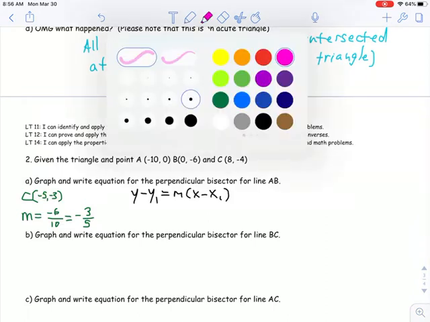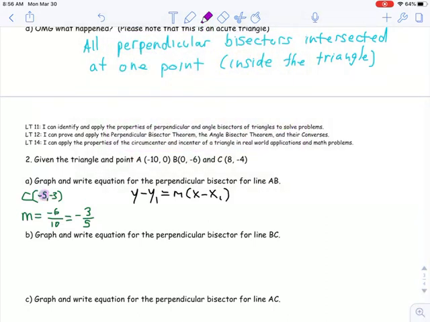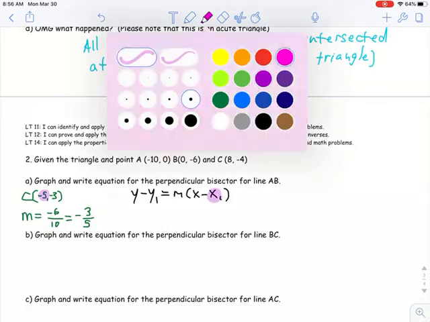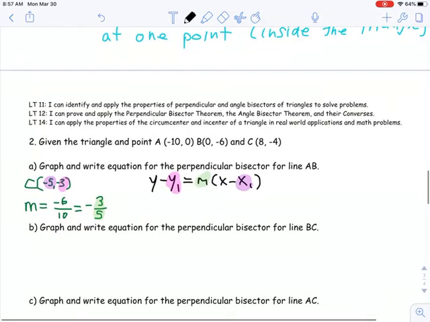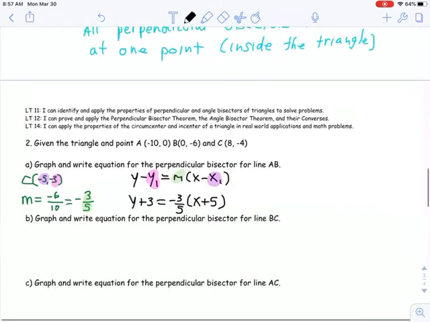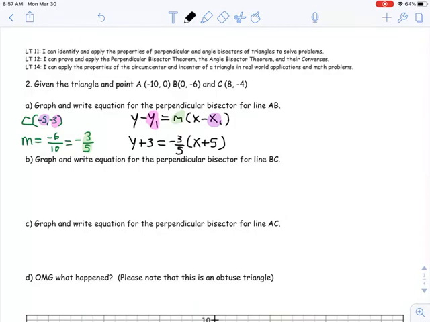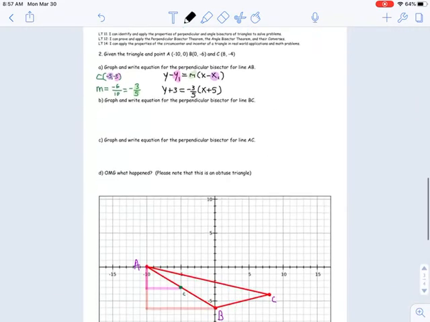So now we're just going to plug this in the appropriate places. C is negative 5, negative 3. And then we got to plug in the slope. So after I plug in everything, remember you're changing the sign because it's y minus y sub 1. So it becomes a positive 3. Same thing for the x. You change the sign.